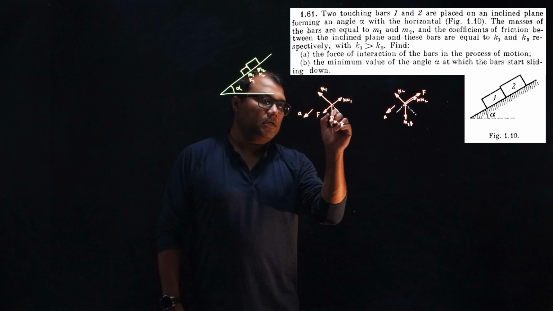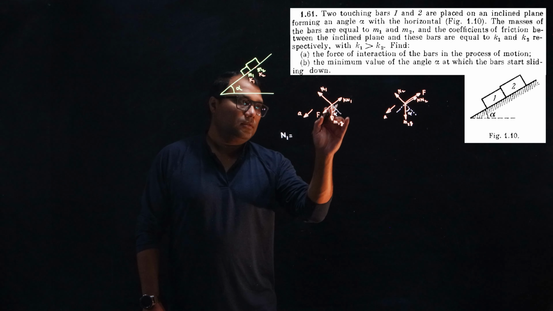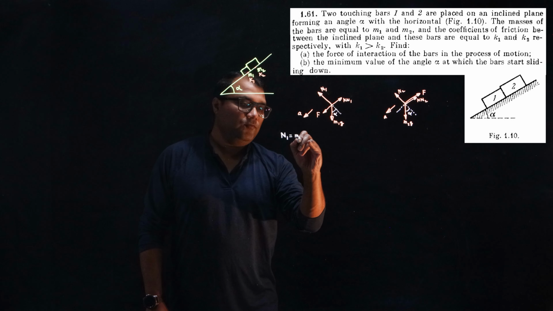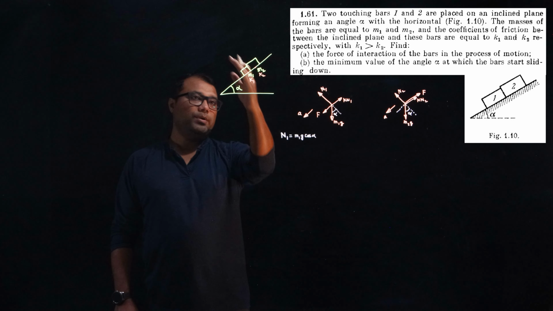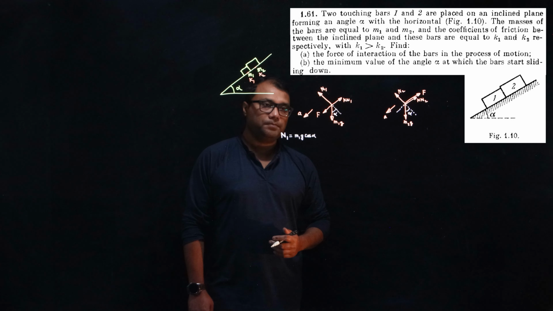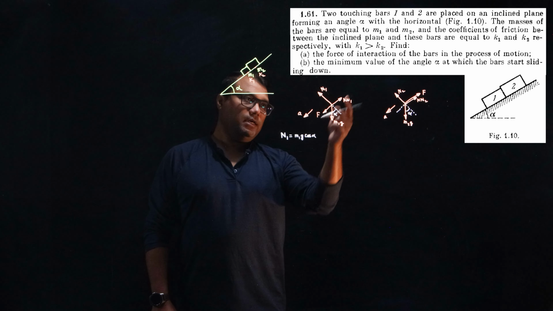So this angle is alpha, this angle is alpha. Okay, so n1 and the component m1g cos alpha cancel out because there is no movement in this normal direction. So in this direction, what forces do we have? We have F, we have the component of m1g in this direction, and k1 n1.